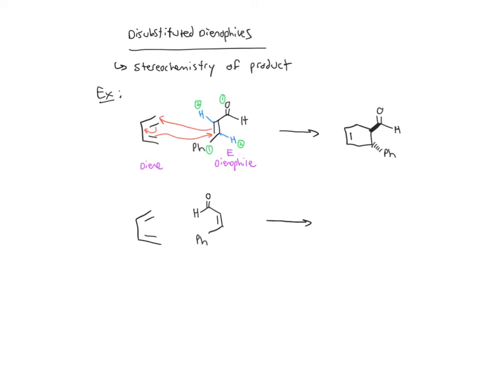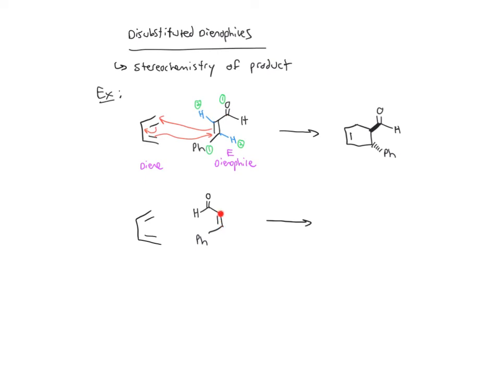We show the wedge to show that that group's coming out of the page, and then going back into the page is the other group. We could have done this exactly opposite, so we could have made the aldehyde group going back into the page and this one coming out. As long as they're opposite, that's what matters, and that's because they were on opposite sides of this double bond.